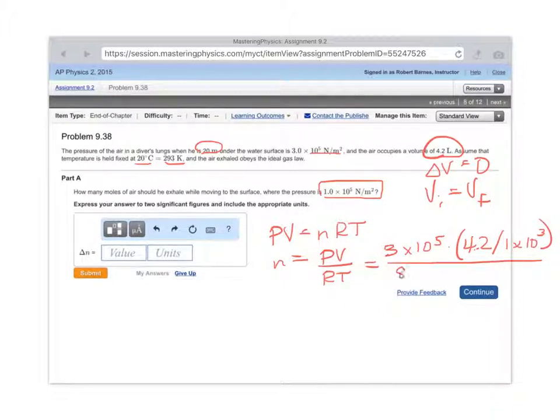And 8.31 is R, times 293. And that gives us the number of moles at the depth. So n at depth, I get 0.517 moles at 20 meters below the surface.